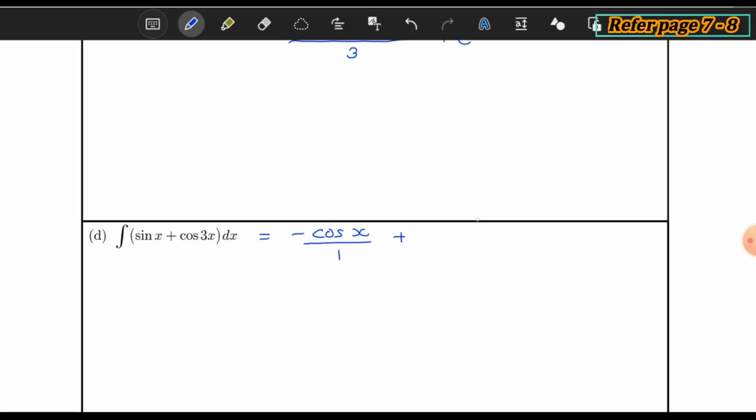Plus, integrate cos 3x is sin 3x divided by 3, plus c. So the final answer is negative cos x plus sin 3x over 3 plus c.